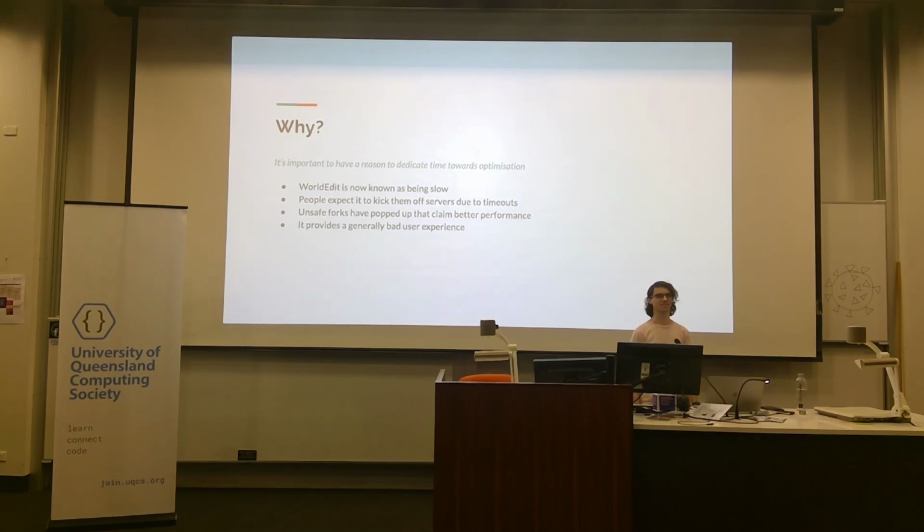People expect it to kick them off their servers now due to it timing out. It's also not something that people should expect. They shouldn't expect normal usage to just break everything. And also a few unsafe forks of the software have popped up that claim better performance and cause a fair few unexpected issues. And also just, it's a really bad user experience.